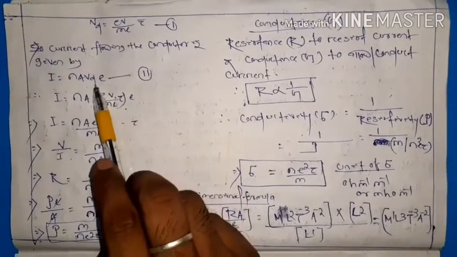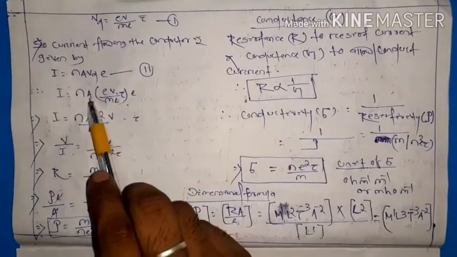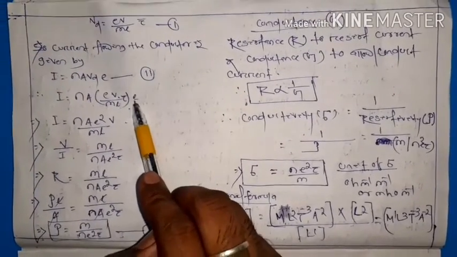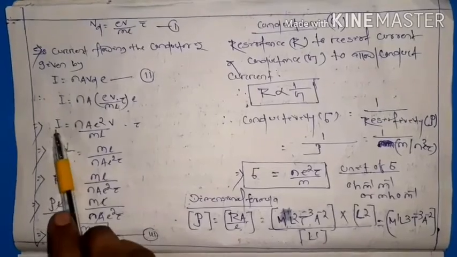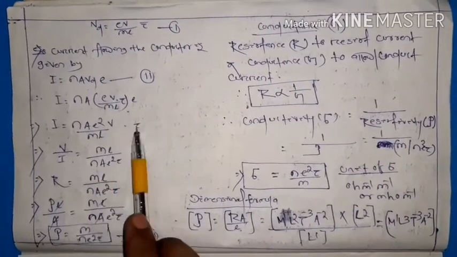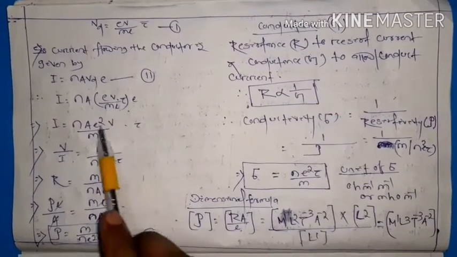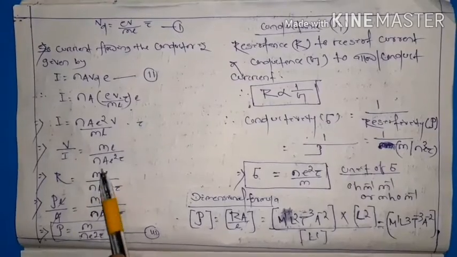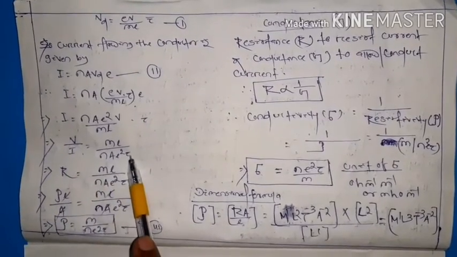Putting the value of Vd, I is equal to n A e square V by ml into tau. Then rearranging the terms, V by I is equal to ml divided by n A e square tau.